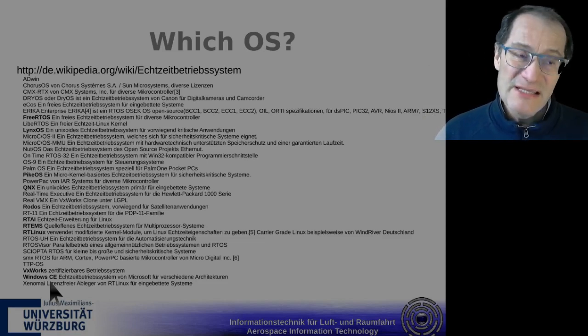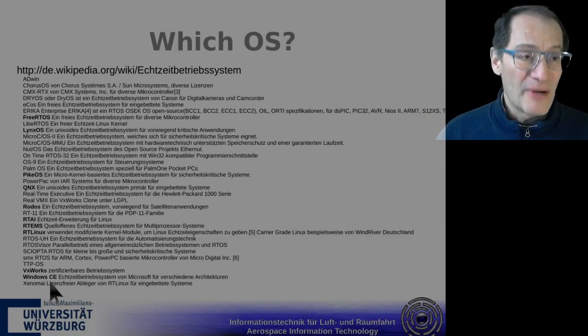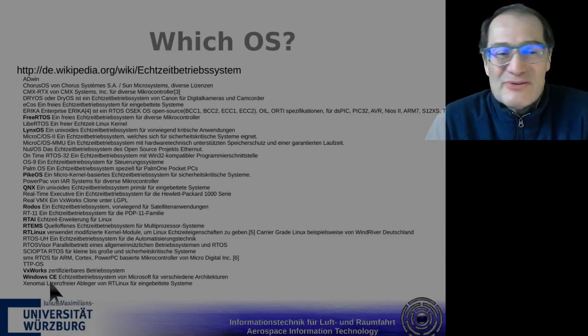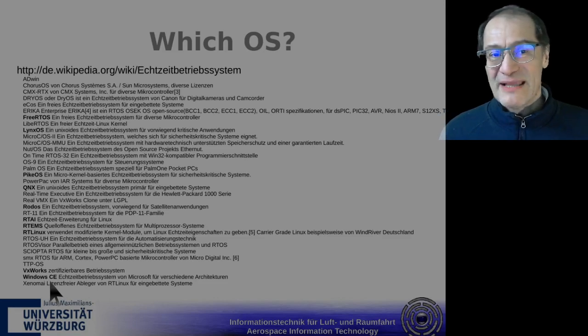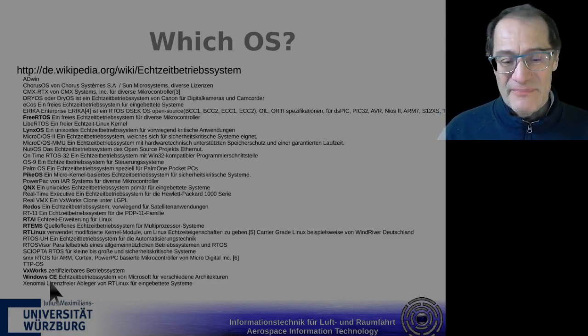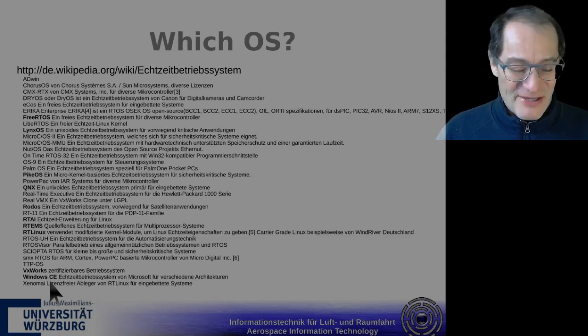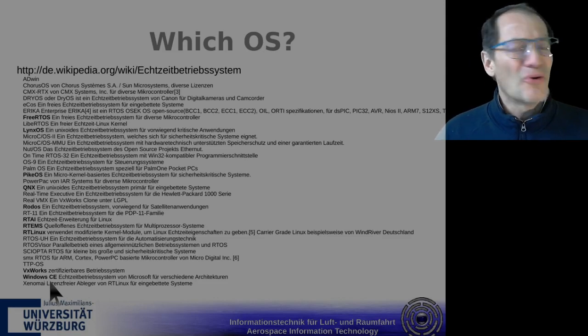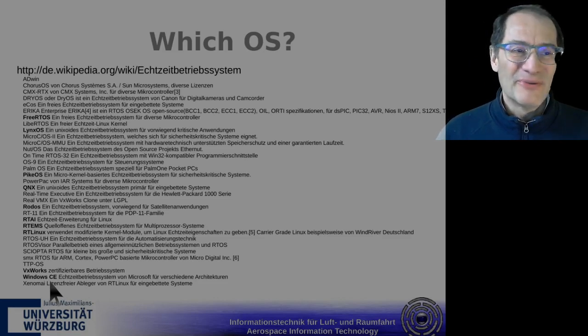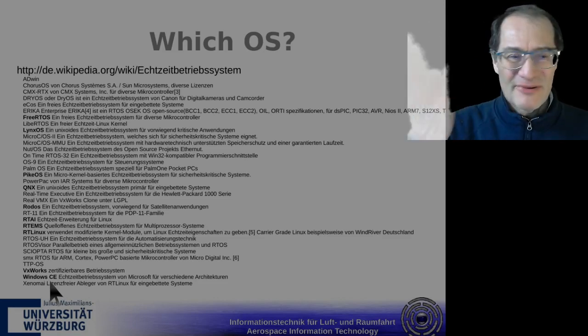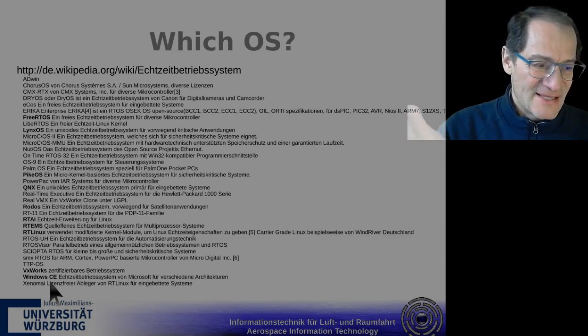Maybe one reason is that they are much easier to implement, so it's not so difficult, and every company is doing its own real-time operating system. It's not the same as a normal laptop operating system. That is so complex, so difficult, that you cannot do that in every company. Therefore, we have so many real-time operating systems.